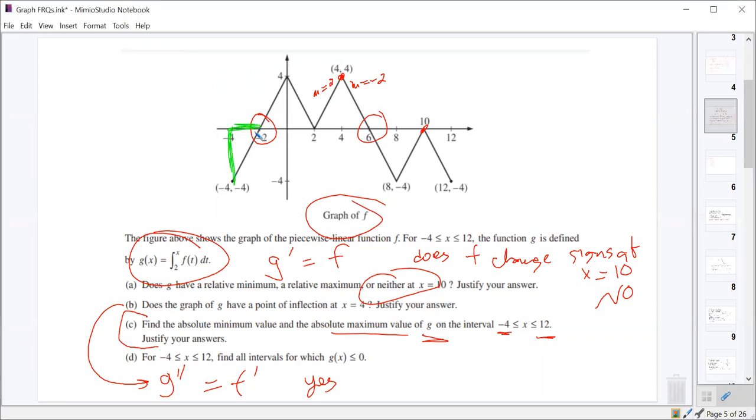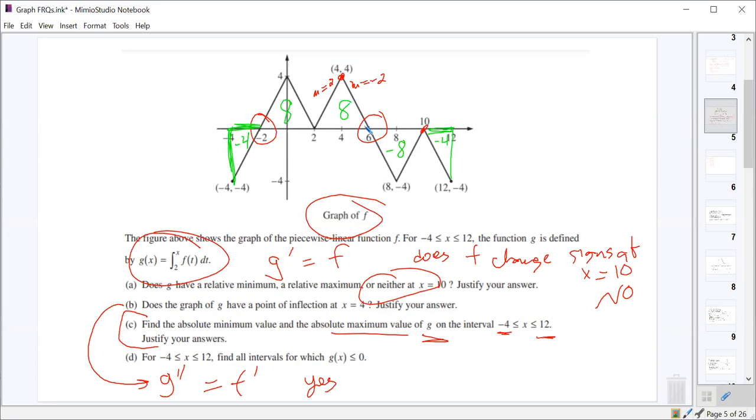What's this one's value here? This area here. -4. It's positive 4 in area, but the integral is -4. I'm going to put a -4. That's right. This one is 8. This one is also 8. This one is -8, and then this one is another -4. That's going to make our life easier as we evaluate these integrals.